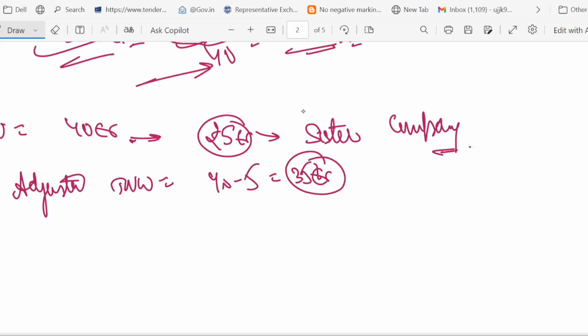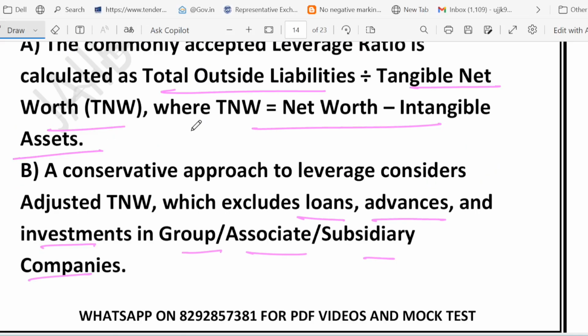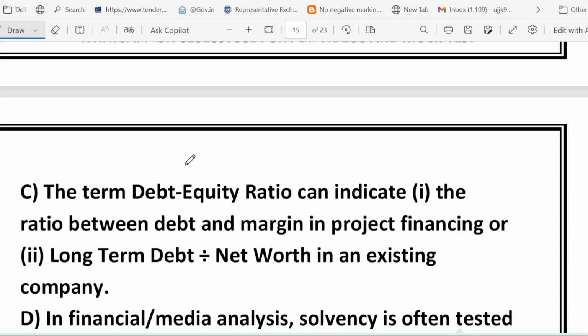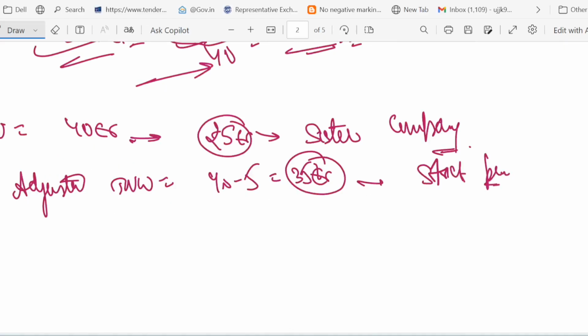Now what about option number C? Option C says that the term debt equity ratio can indicate the ratio between debt and margin in a project financing, or long-term debt versus net worth in an existing company. So if you have a new project, try to understand. Let's take one example to illustrate it.